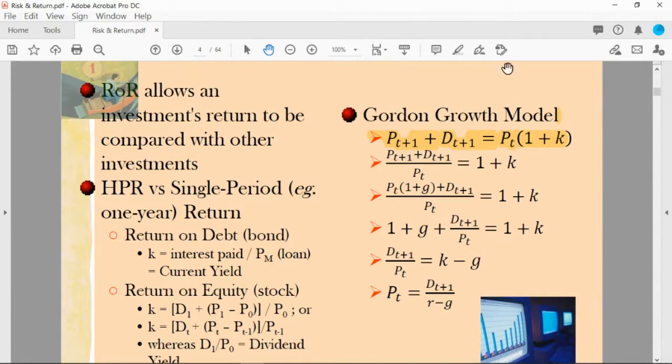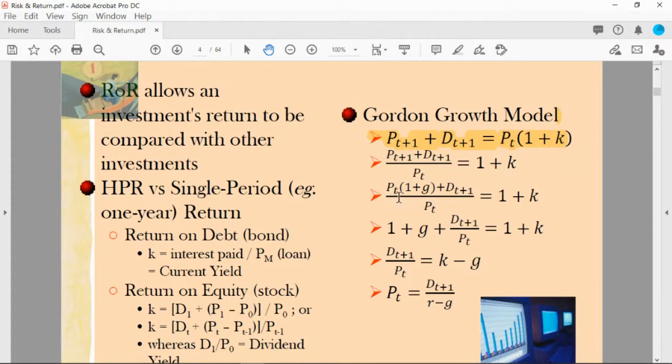So the point is, suppose we are solving it eventually for PT, but we can at least isolate, before solving for P, 1 plus K. Of course, then divide the left-hand side by P sub T, and then on the left-hand side we can replace PT plus 1 by its own definition.